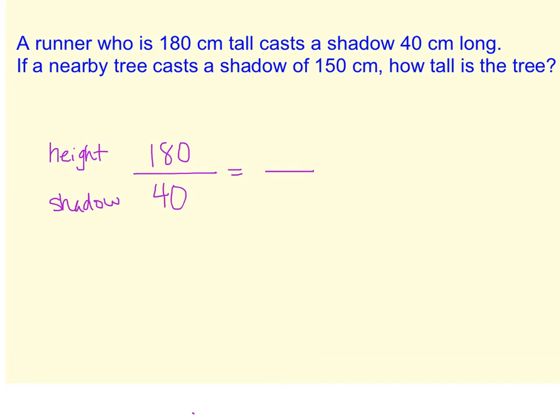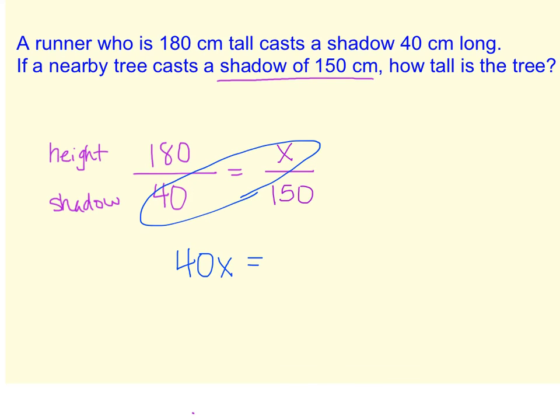Set up the rest of our proportion. It says if a nearby tree casts a shadow of 150 centimeters, how tall is the tree? So that 150 centimeters is the shadow, so we want to put it across from our 40 down here where we're putting the shadow. So this 150 goes down here. The thing we don't know is how tall the tree is, or the height of the tree, so that's going on top. So we cross multiply: 40x equals, and when you multiply the other side, you get 27,000.